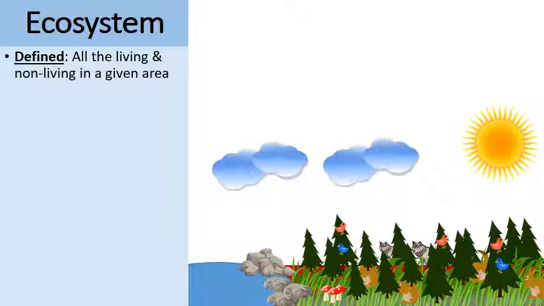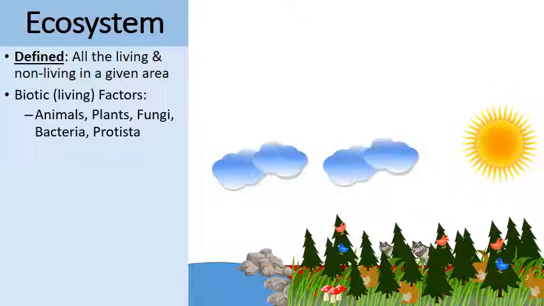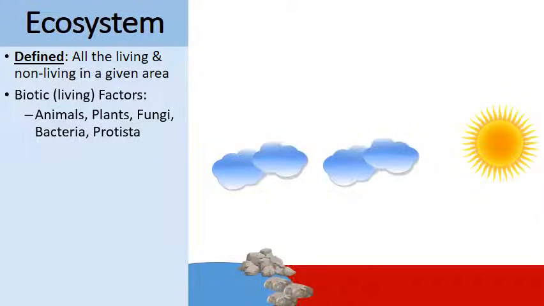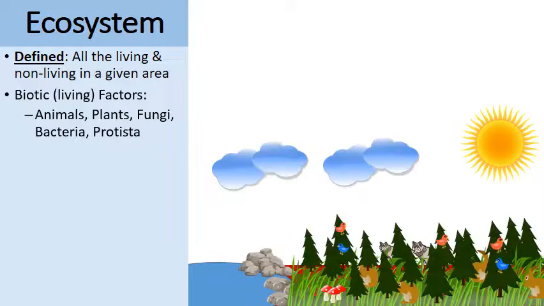This would now be more symbolic of an ecosystem. An ecosystem is made of the living parts, or the biotic factors within the environment: the animals, the plants, the fungus, the bacteria, the protista. In my collage, everything that's blinking right now is part of the living, biotic conditions of this particular ecosystem.